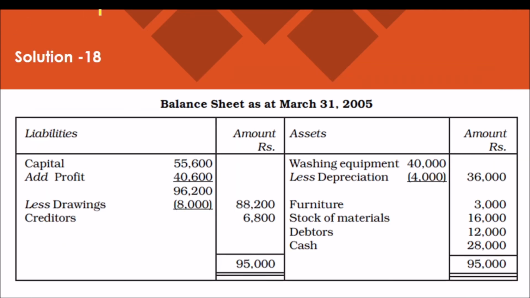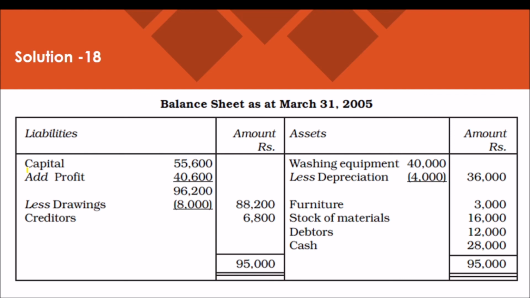It will include items in the asset side: washing equipment after depreciation 36,000, furniture 3,000 closing value, closing stock, debtors closing value 12,000, cash, the closing value in the summary of cash 28,000, and in the liability side, capital, what we have calculated using the statement of affairs, 55,600 plus net profit that we have calculated from the trading profit and loss account, 40,600.